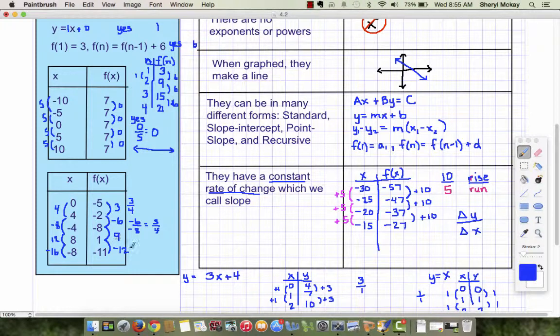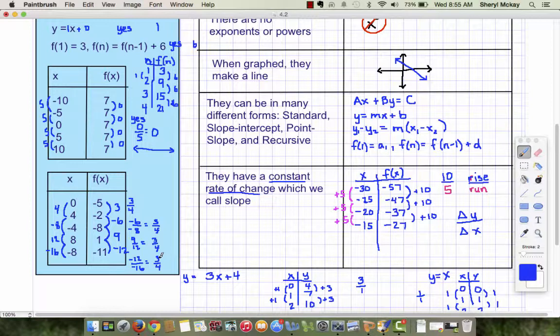And my difference on this next one is 9 over 12, which becomes 3/4. And the last one is negative 12 over negative 16, which reduces to 3/4. So I do have a constant rate of change. It's 3/4.